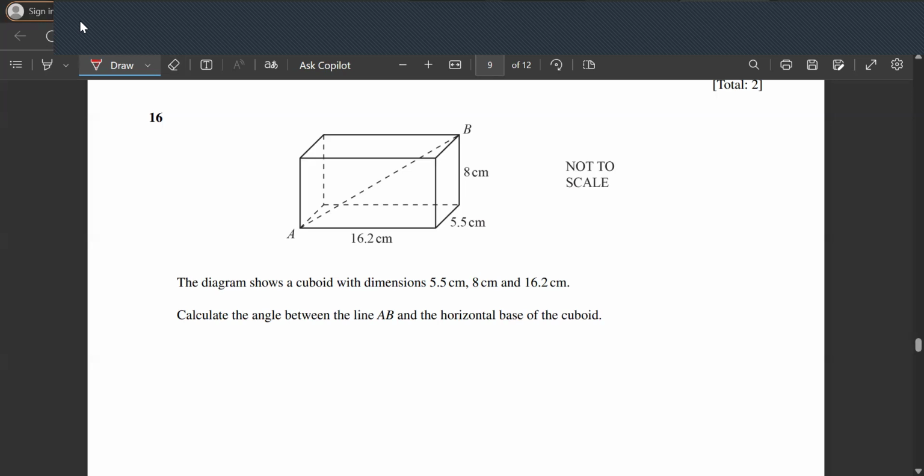Calculate the angle between AB and the horizontal base of the cuboid. Look here, all of you. Most of you, 95%, can solve this question.